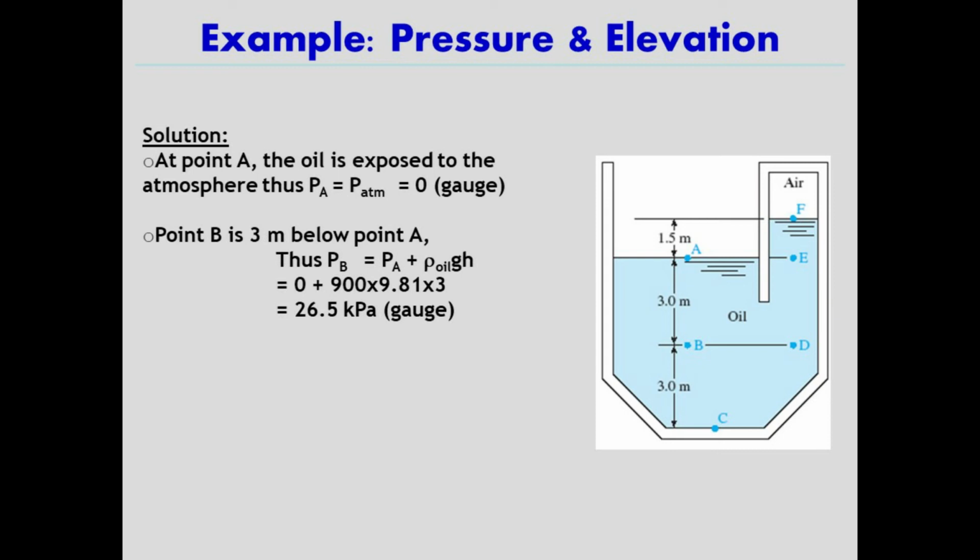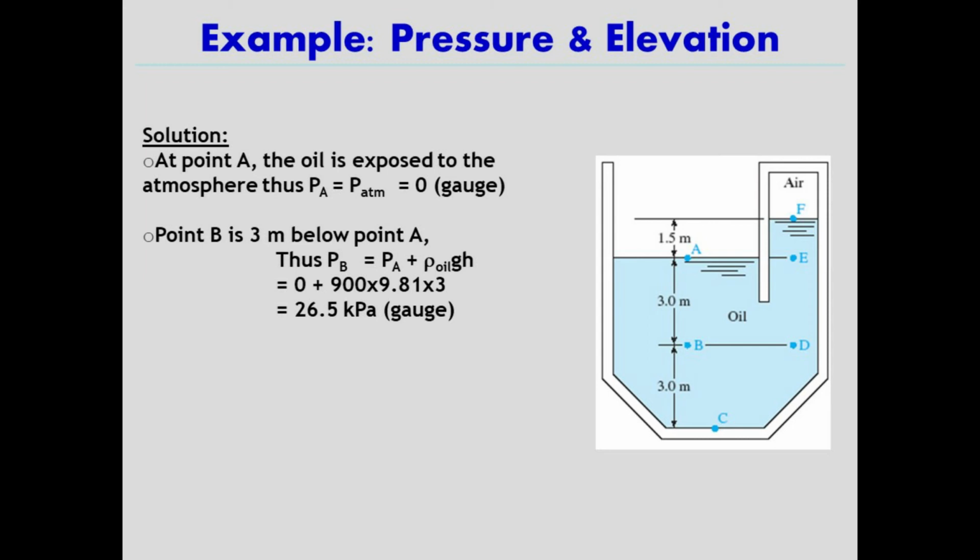Point B is located 3 meter below point A. Then to calculate PB, point B is located inside the oil, so you need to use the equation of rho g h. PB is equal to PA as the reference plus rho g h. For point B, PA equal to 0.